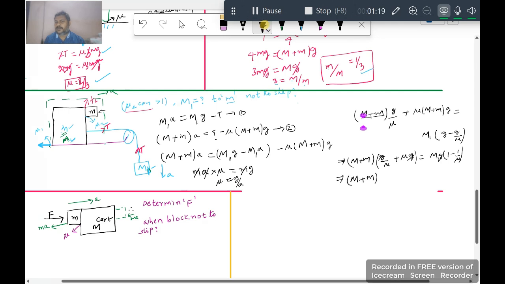m plus m into. So here see, both are, I have taken here mu's. Mu are same. But in the question given mu1 and mu2. So here where m1 plus m2 are taken, it is mu1. And here it is mu2. Now denominator is mu2, this is mu1.